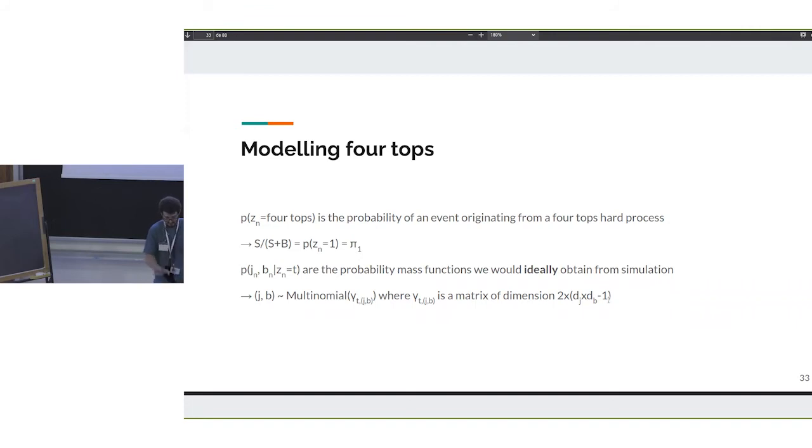So for the probability mass functions, you have this number of parameters. You need to introduce an additional parameter for the fraction.